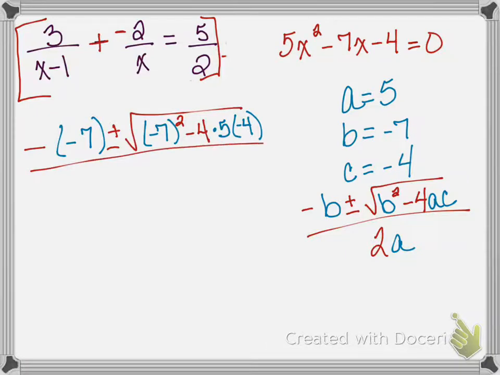And that is all over 2 times 5. Now, right here, sometimes students will miss that negative because you've got a negative 4 times 5 times a negative 4. But the primary one is when you've got a negative number squared. So now let's simplify. Negative 7 is positive 7.